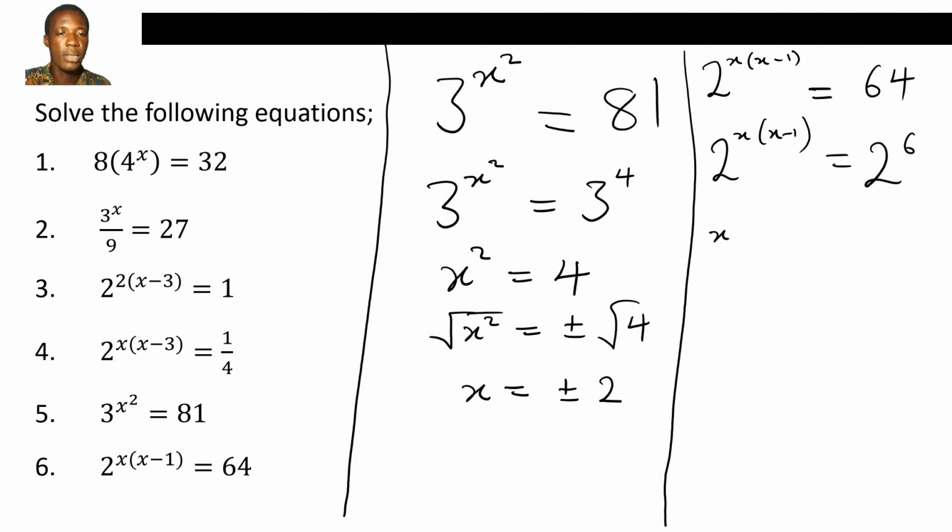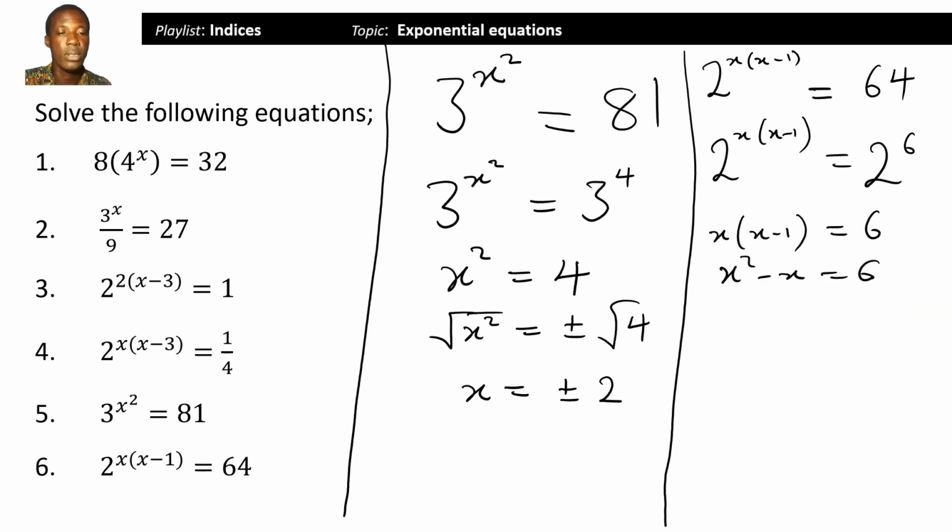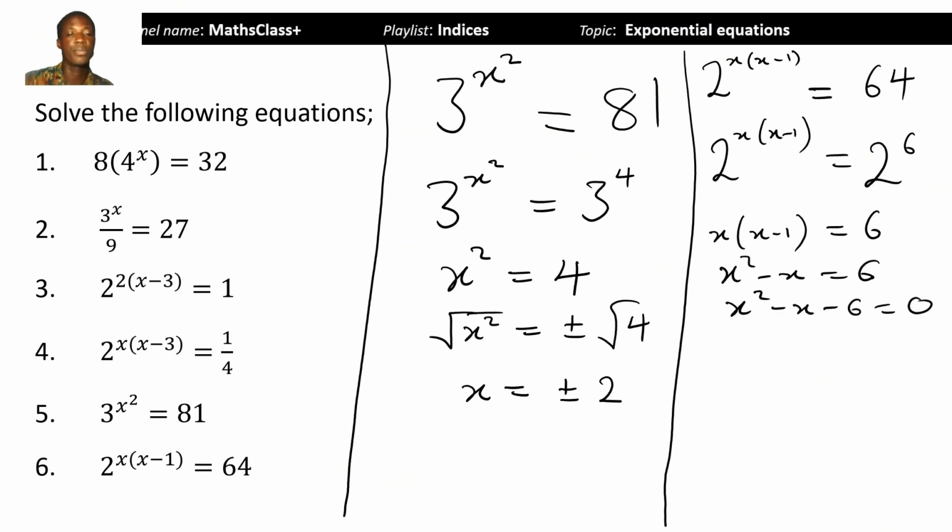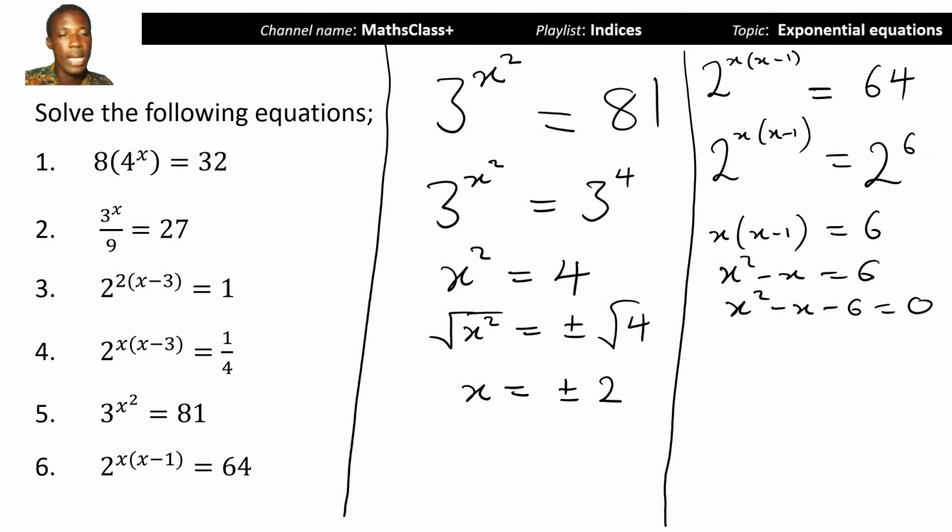So that x multiplying x minus 1 will give me 6. I will open the bracket and get x squared minus x is equal to 6. So x squared minus x minus 6 is equal to 0. Now I need two numbers that when I multiply, I'll get negative 6, but when I add, I'll get negative 1.